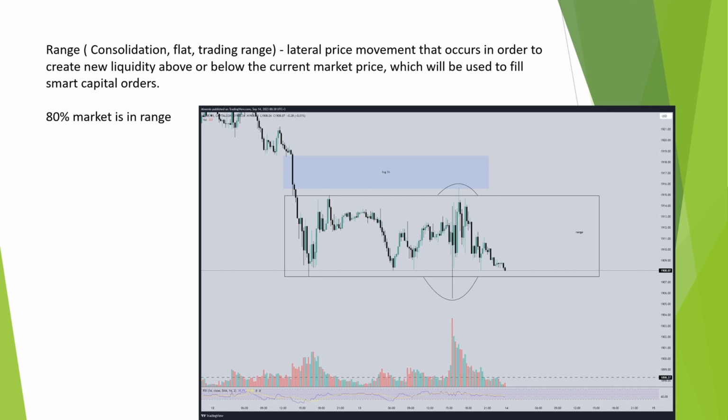Also oil, platinum, gas, etc. So everything that has real value usually gets stuck in range because they're too heavy and they cannot accumulate and do distribution like currency does. But you can also find some ranges on the currencies as well, but more often you will see it on instruments that have real value.